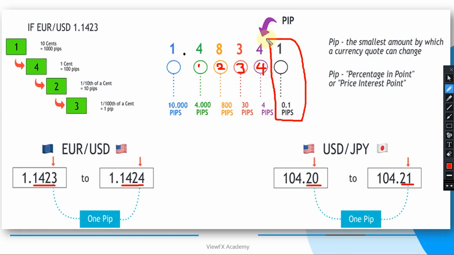This one is a pipette. You should know that by now. So pip again is the smallest amount by which a currency quote can change. So pip is the movement on our trading app. So this is just the summary of pips for JPY pairs and non-JPY pairs.